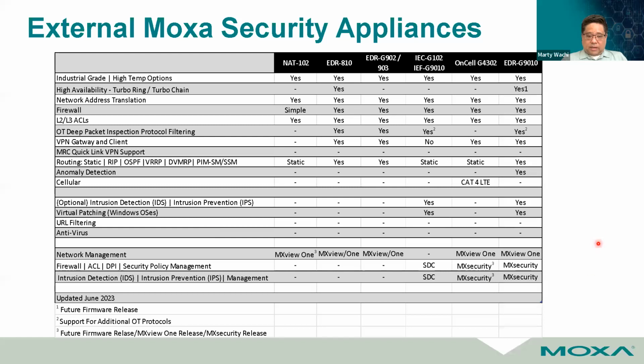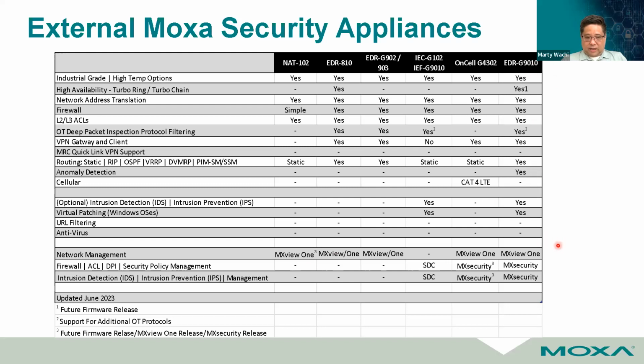So for those of you that have been with Moxa for a while, when I first started at Moxa, we basically had the EDR 810 and EDR G902, 903s. Since then, we added the NAT 102 box. We added the TX1 products. We now have the first product in the OnCell 4300 series. We've got the EDR G9010.